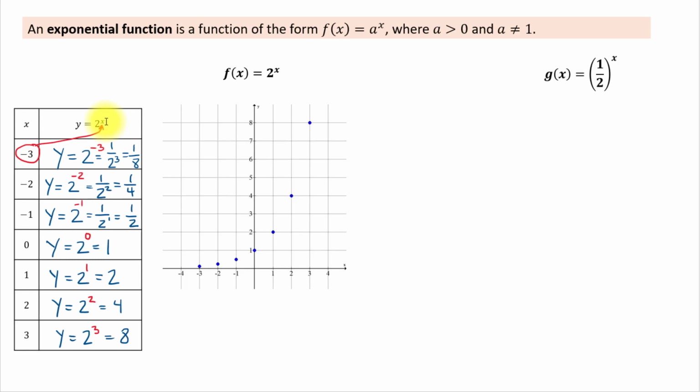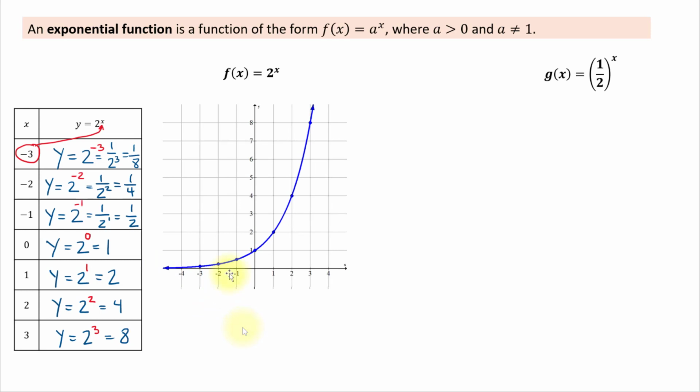So as I plug in all those negative values for x, -4, -5, and so on, I will always get a fraction, 1 over, and the denominator will keep growing. While the overall quantity becomes smaller and smaller as the denominator gets bigger and bigger, the number itself stays positive. So this tells me that the left end of this exponential function will be getting closer and closer to the x-axis, but it will not cross it. It will stay above it, like this.